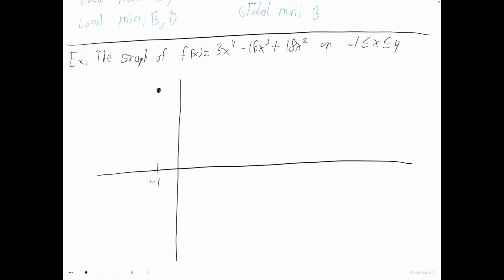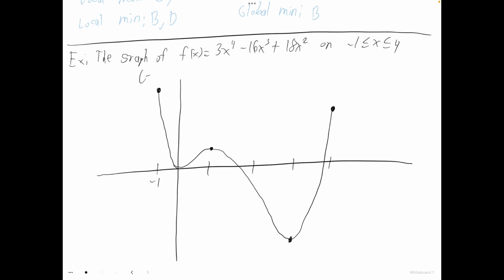So we have a point up here, then 1, 2, 3, 4. Okay, and so this is the graph of 3x to the fourth minus 16x cubed plus 18x squared.